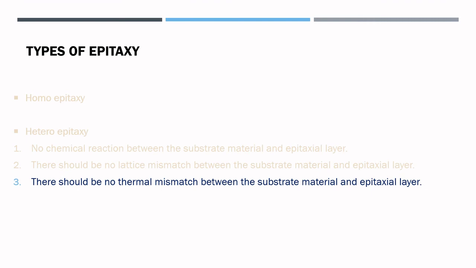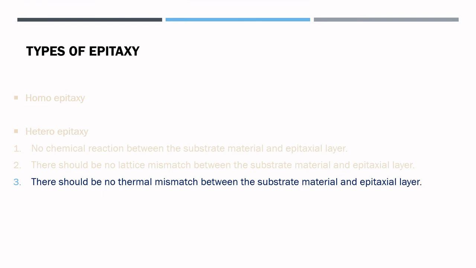Lattice mismatch we can tolerate up to a certain level. I told you already that sapphire and silicon have no lattice matching, right? Sapphire, that means aluminum oxide, has a hexagonal crystal lattice pattern, and silicon has a diamond crystal lattice structure.